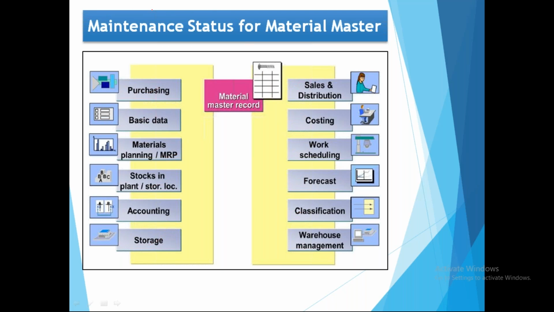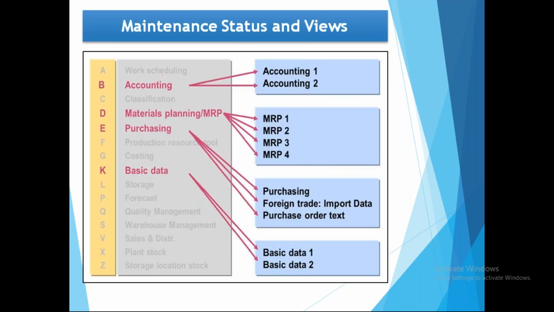If you select accounting, then accounting 1 and 2 views will come while creating the material. If you select material planning, MRP 1, 2, 3, 4 will come. If you select basic data, then basic data 1 and 2 will come.